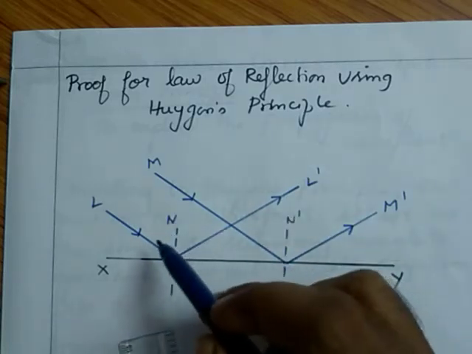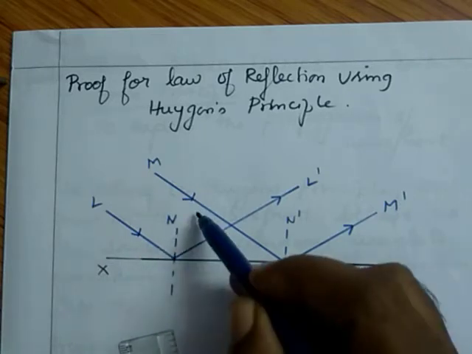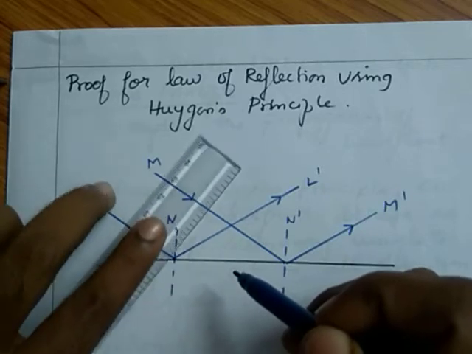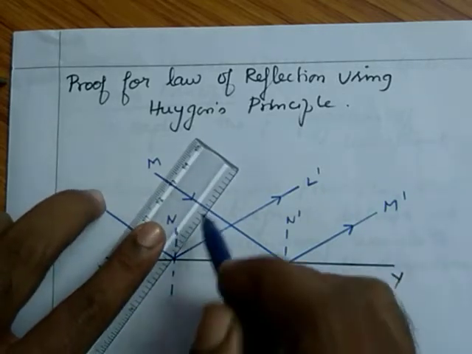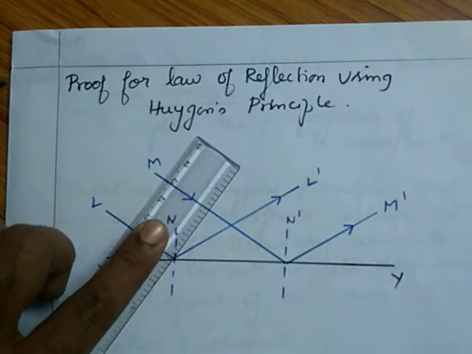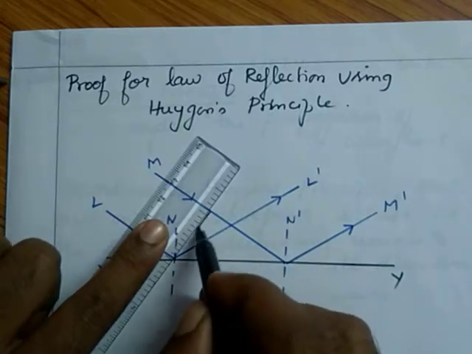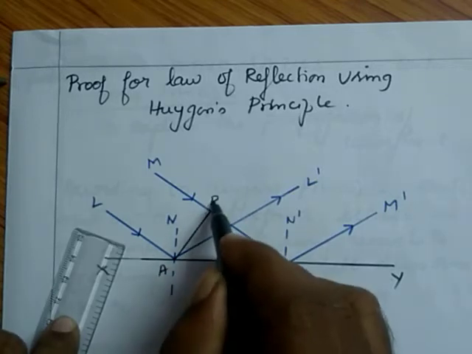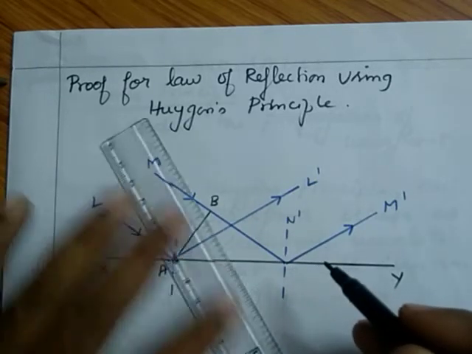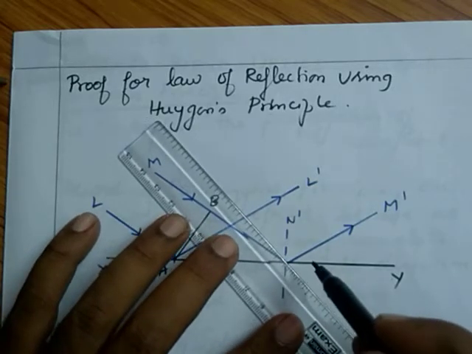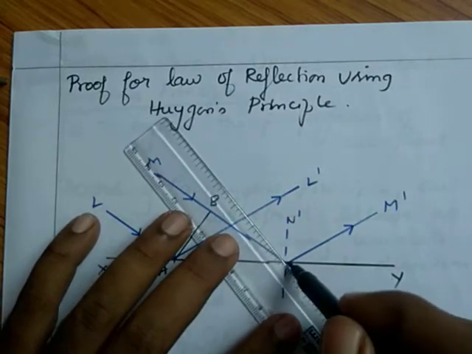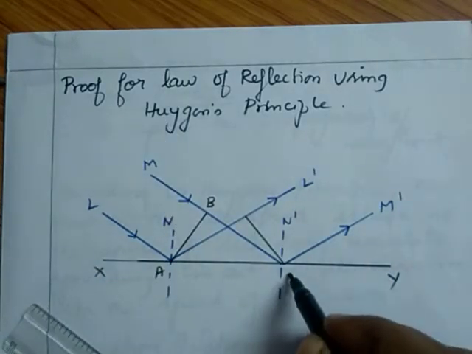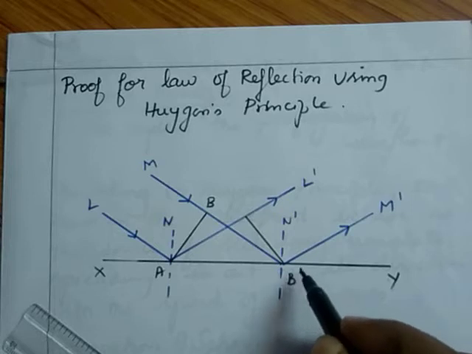We know the wavefront is always perpendicular to the direction of propagation of the wave. So I consider a wavefront that is perpendicular to the incident ray. This wavefront is named as AB. Here it is a reflected wavefront, that is B dash A dash.